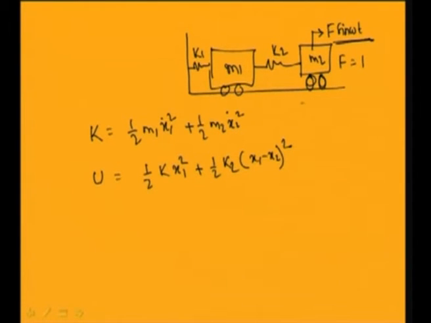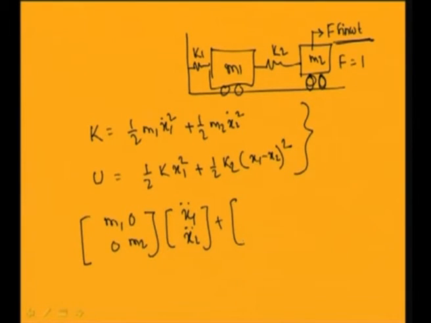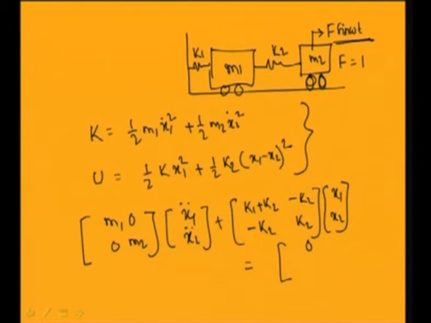So the equation of motion can be written in this form: the matrix [m1 0; 0 m2] into [x1 double dot, x2 double dot] plus [k1 plus k2, minus k2; minus k2, k2] into [x1, x2] equal to the force vector, which is 0 and F sin omega t.